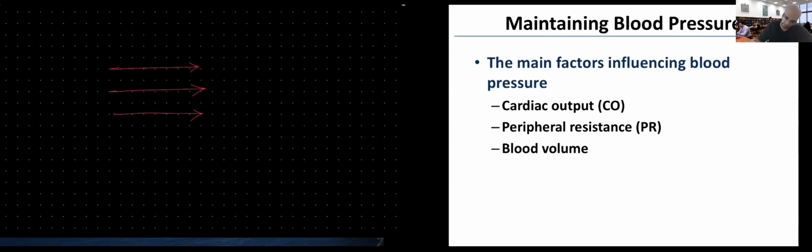And this flow is faced by a resistance, this friction that it has with the wall of the vessel. So I have two factors in here. I have the blood flow, blood moving in the artery, and the resistance applied by the wall of the artery.